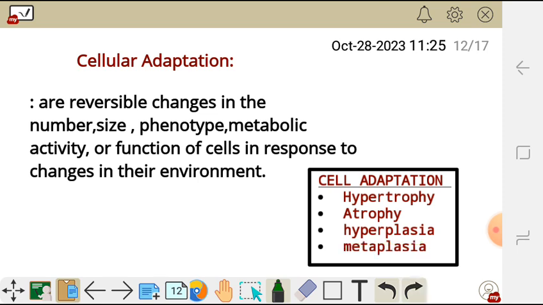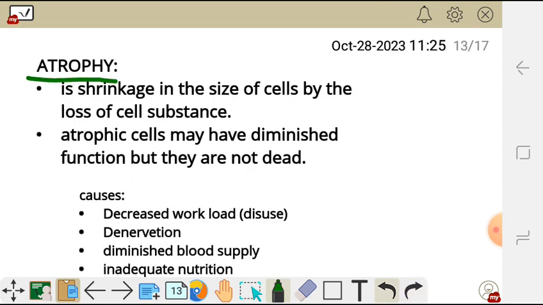Now let's look at what these types of adaptation really are, and what changes the cells undergo in each. Let's start by looking at atrophy first.